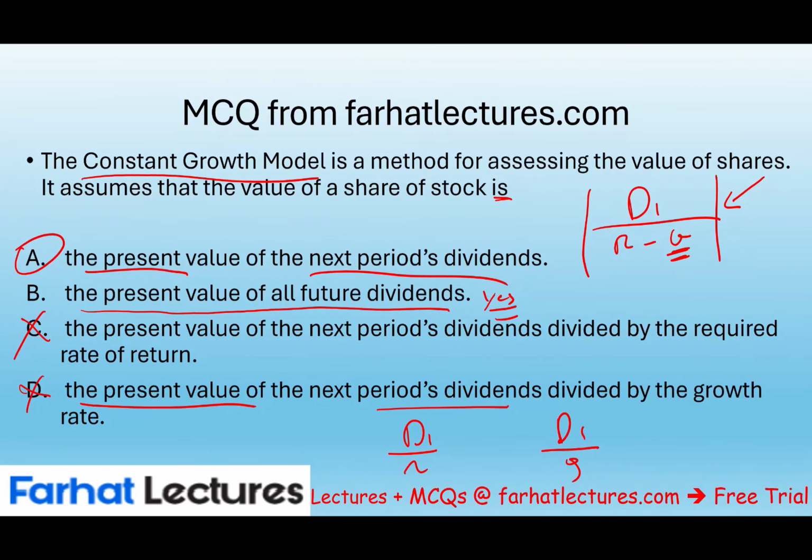That's why the formula is D1 divided by R minus G. Therefore, the answer is B. The present value of all future dividends is how you find the value of a stock, whether it's constant dividend or constant growth, whether it's zero growth or constant growth.